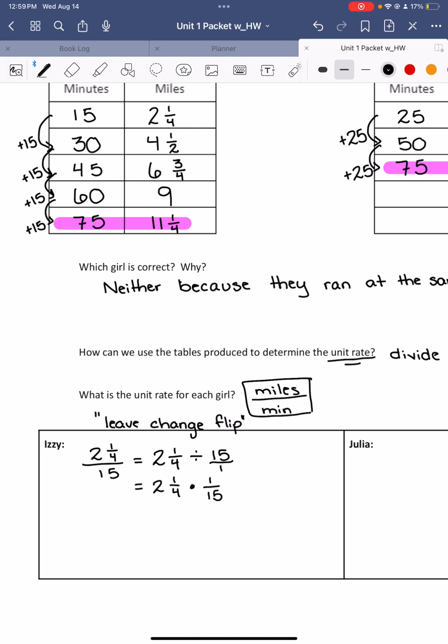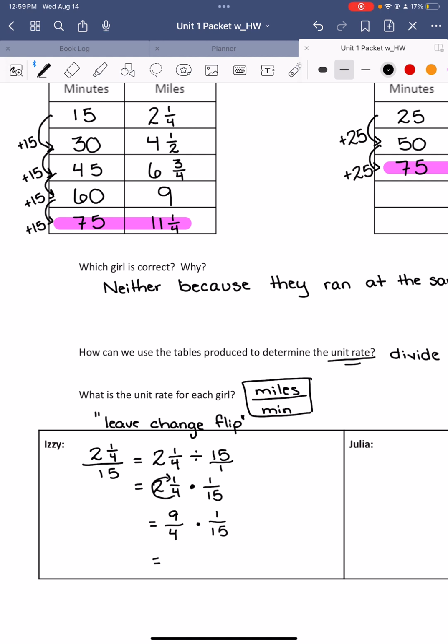Now the last thing I'm going to do as well is I'm going to change this mixed number to an improper fraction, where I do 4 times 2, which is 8, and 8 plus 1, so that is 9. So this becomes 9 over 4 times 1 over 15. From here, I'm going to simplify any of the values on the top to the bottom that I can.